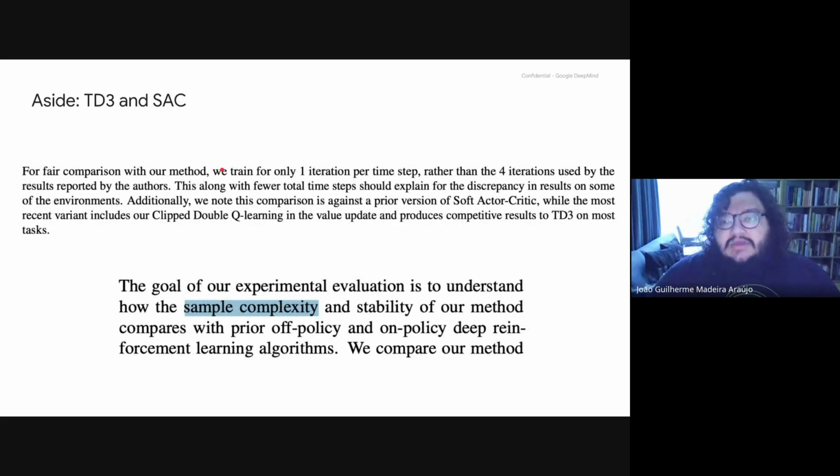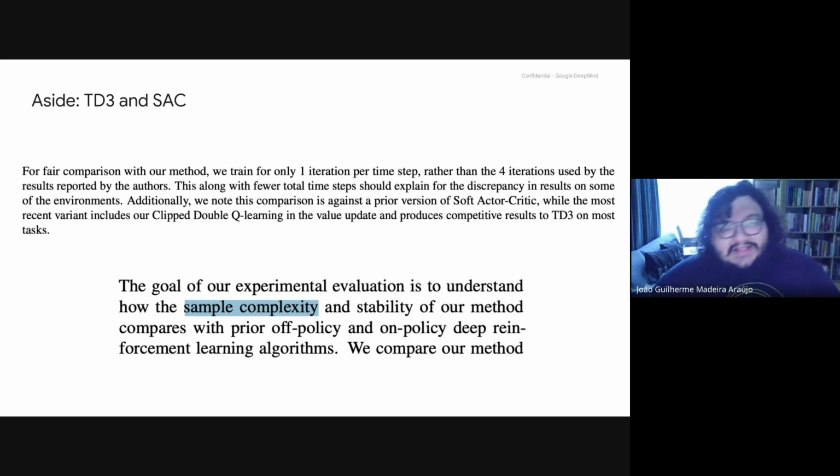And you see that there's another thing here. In the SAC paper, they say the goal of our experimental evaluation is to understand how the sample complexity and stability of our method compares with prior off-policy and on-policy deep reinforcement learning algorithms. So they care about sample complexity. That's why they're doing 4 iterations per interaction with the environment.